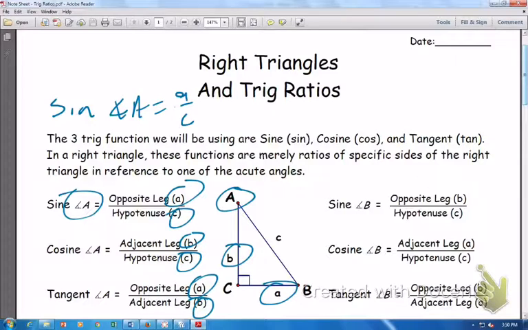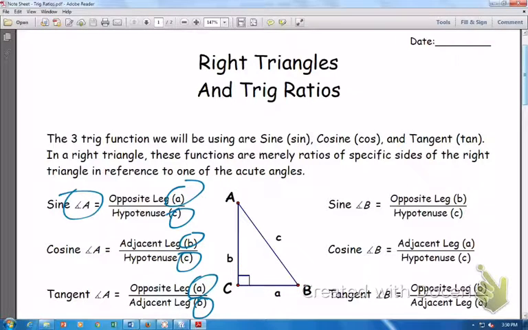Now, if we turn and go from a different angle, say angle B, then these ratios take on a slightly different form. Sine is opposite over hypotenuse, so it'd be b over c. Cosine is adjacent over hypotenuse, which is a over c.